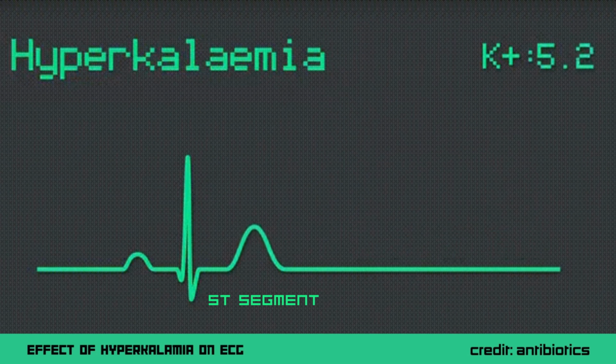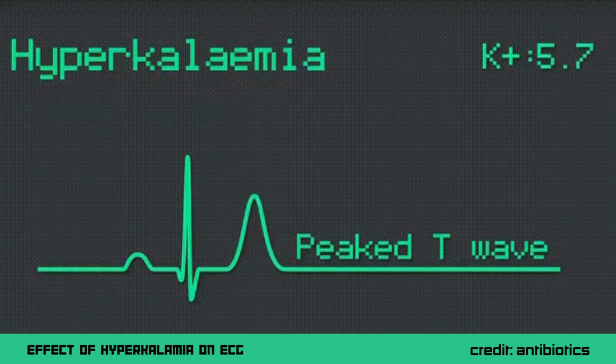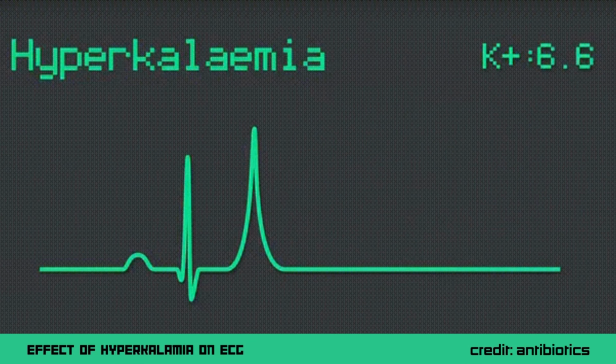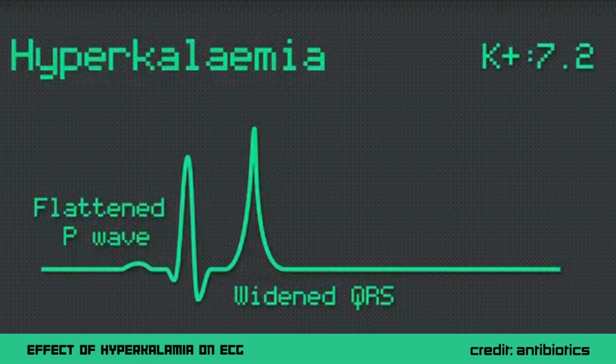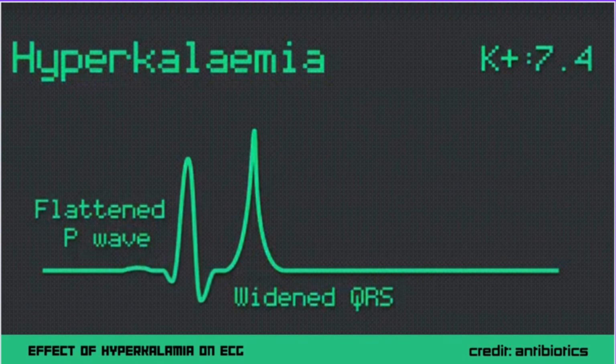Then, the T waves get all tall, narrow, and peaked, like little mountain peaks popping up on the screen. The QRS complex, which represents the electrical activity of your heart's ventricles, gets wider, almost like it's stretching out to take up more space. And the P waves, which show the activity of your heart's atria, get wider and flatter, like they're spreading out to make room for the chaos.